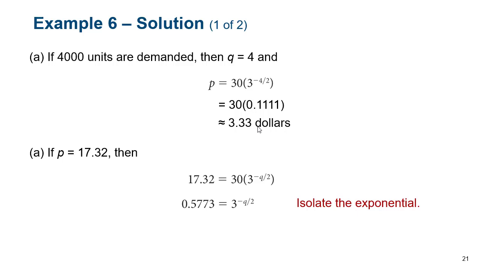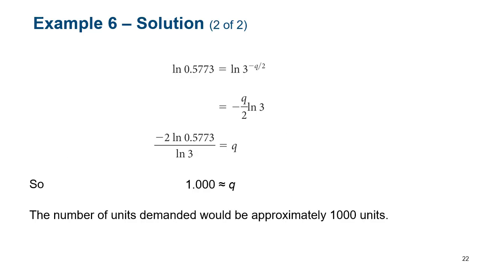Easy peasy. When we want to go the other way, that's when we have to do the extra steps to solve for the variable that's stuck as the power, right? We have a price of 17.32. First thing we do is peel off the 30 by dividing by it, right? We're isolating the exponential. Now that we have the exponential all by itself, we apply a natural log or a log to both sides to peel off the actual power, which is negative Q over 2.